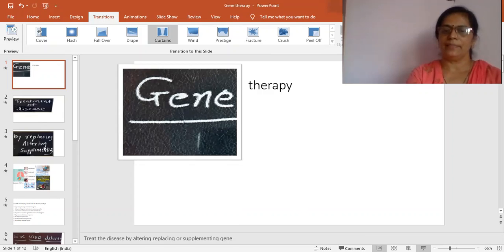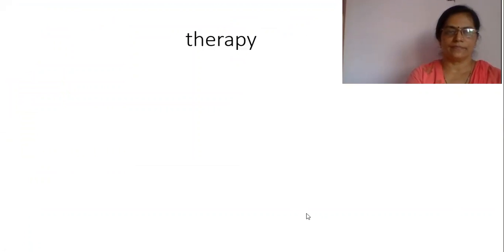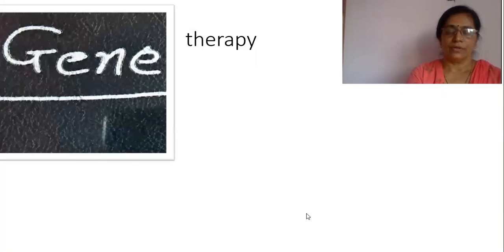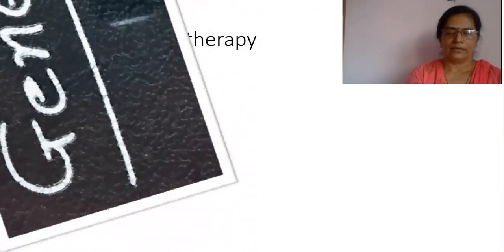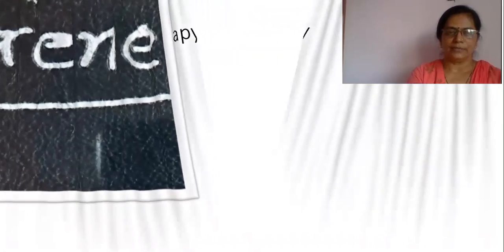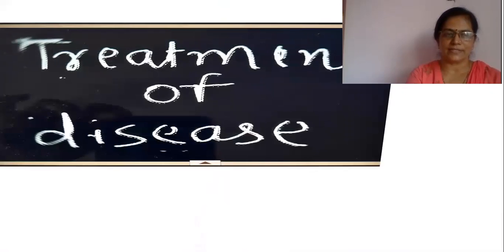Factors appear in the organisms. So now we are going towards gene therapy. A gene is nothing but a segment of DNA, and it is used in various diseases.